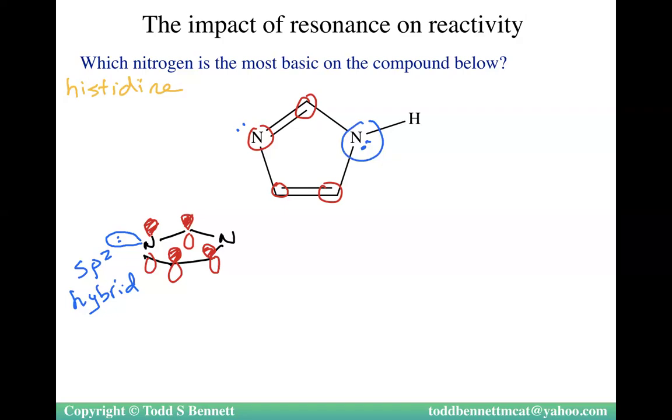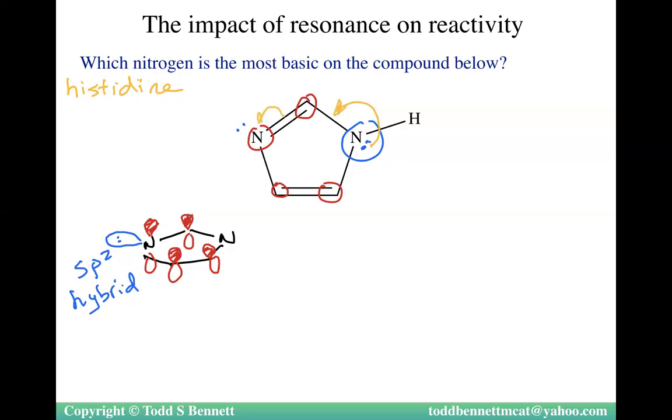This lone pair, because of resonance, doesn't resonate that way, or it could even resonate that way. Does that work out? Not as well. So I'm going to get rid of that one because that put too many bonds to N. So the only one that works is this one going here, and this becoming a lone pair.